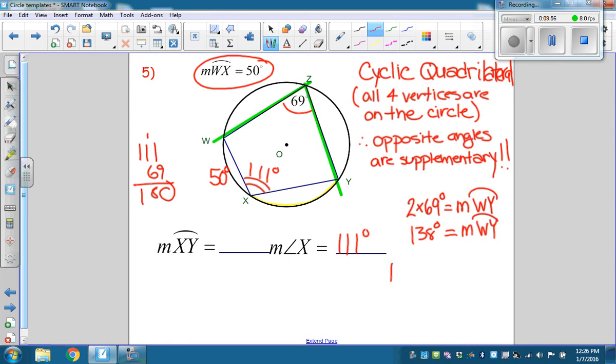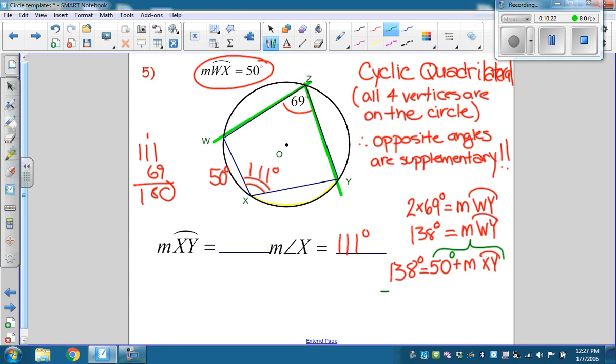So I'm going to take that 138 and say that it's equal to 50 plus the measure of arc XY, because these together make WY.